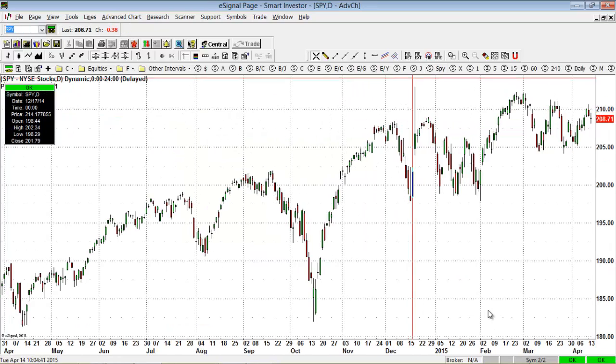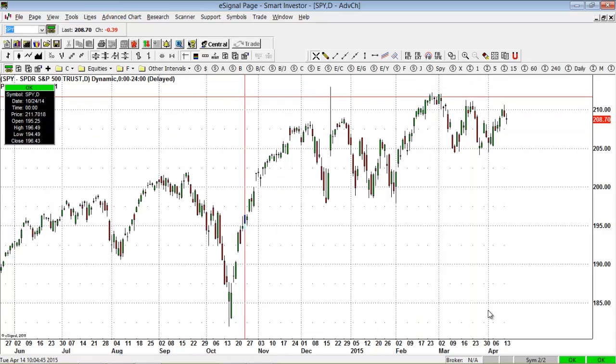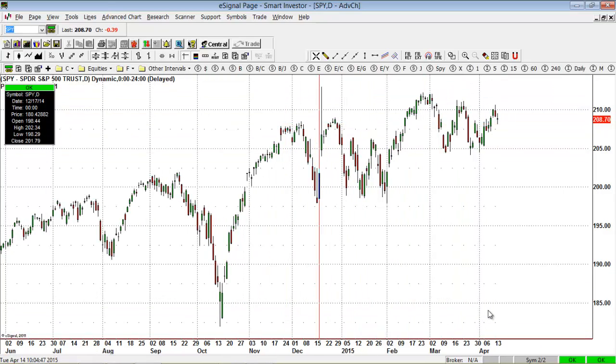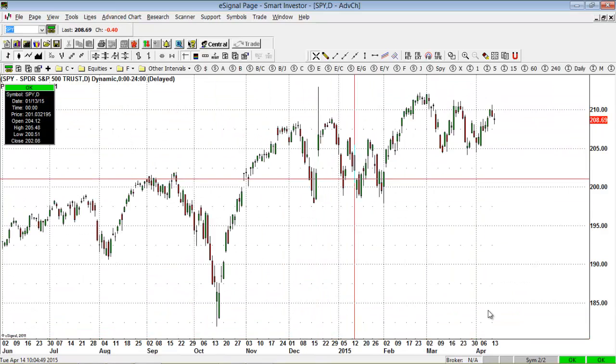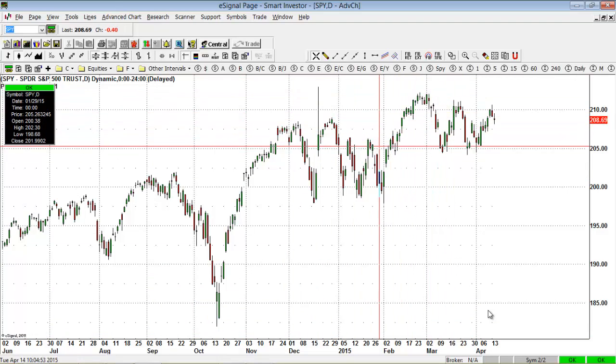Let me just take a brief look at the stock market and this S&P 500 ETF SPY. And as we can see, the market hasn't really done much for the year so far. I mean, we're getting a round, topish looking market.